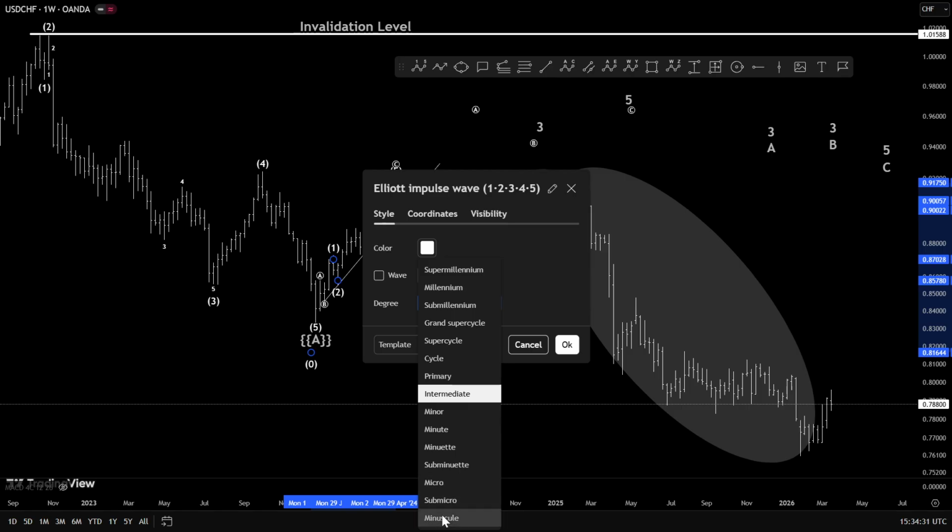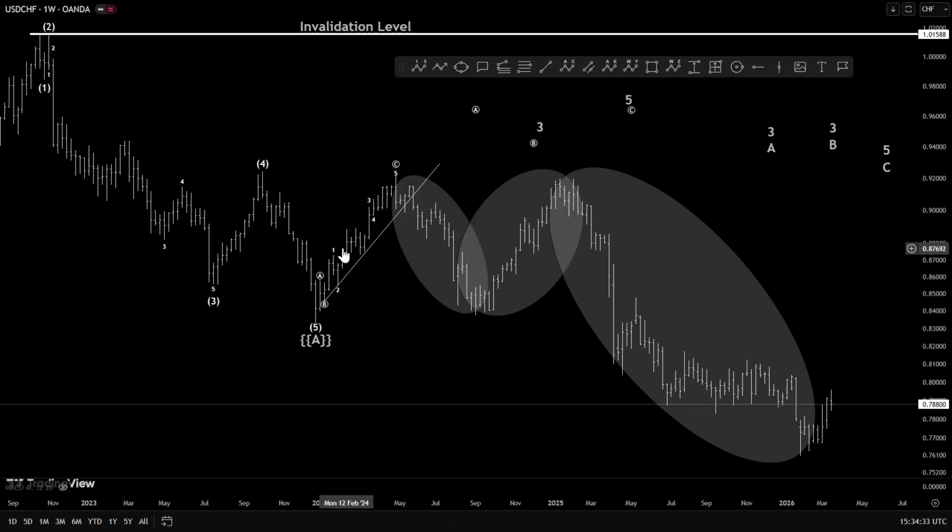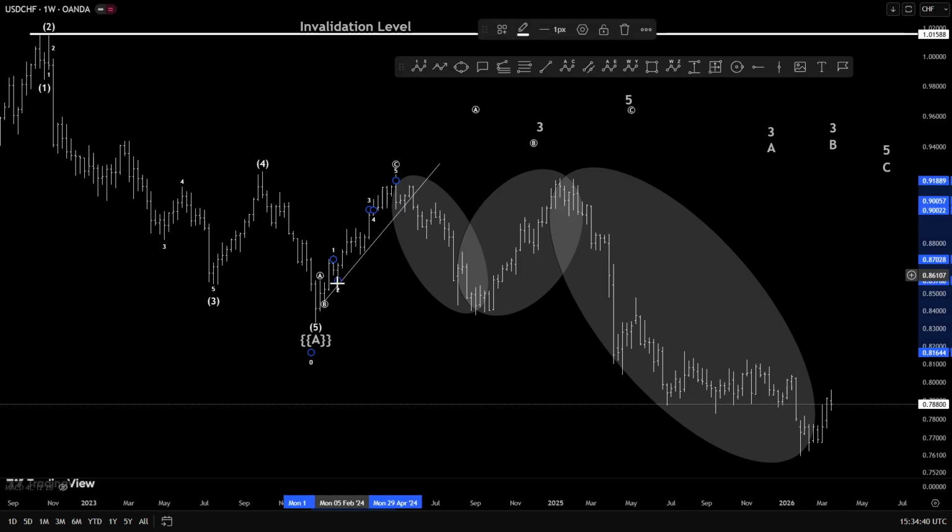Okay, so this is the 1, 2, 3, 4, and 5 structure, which gives us completion of what? The corrective structure, which is A, B, and C for the flat.